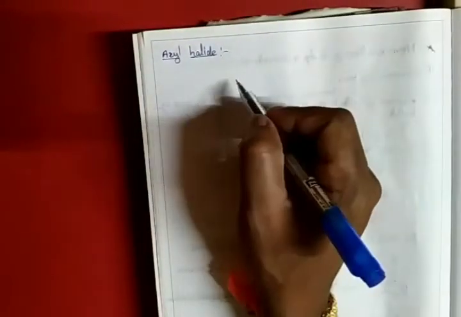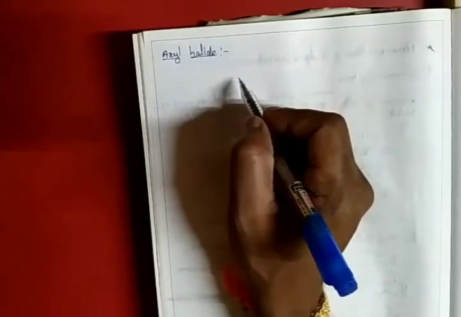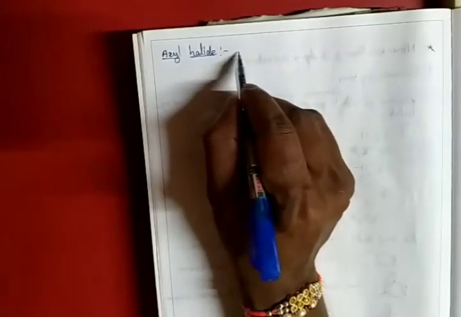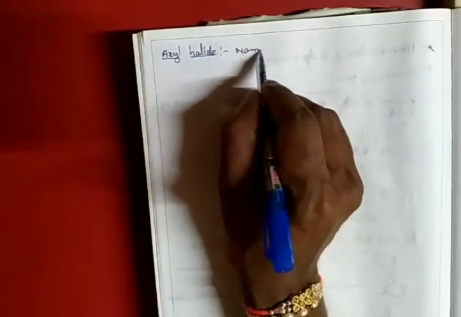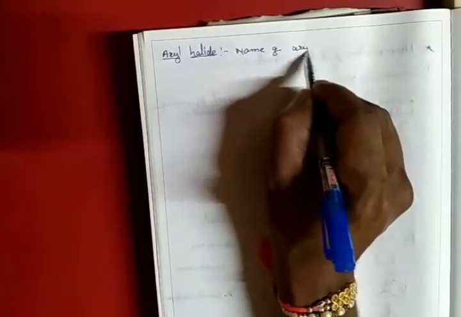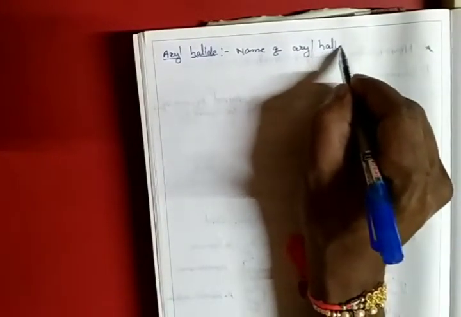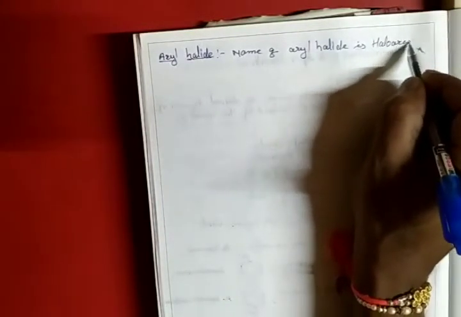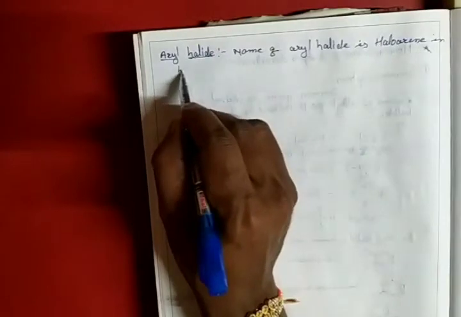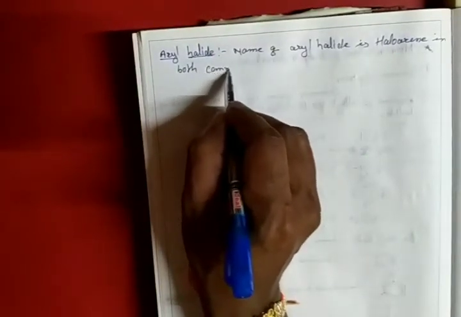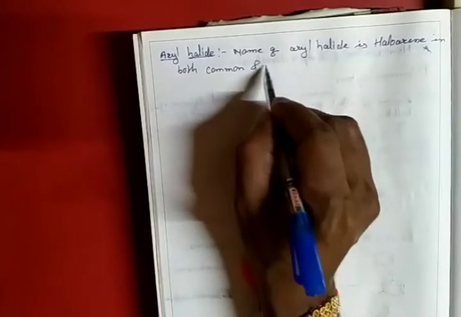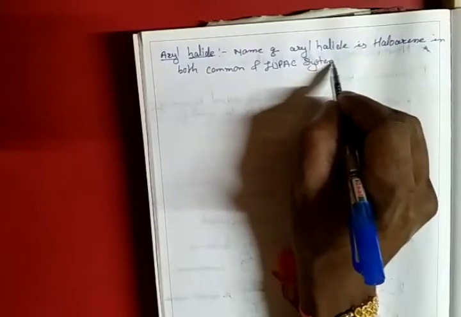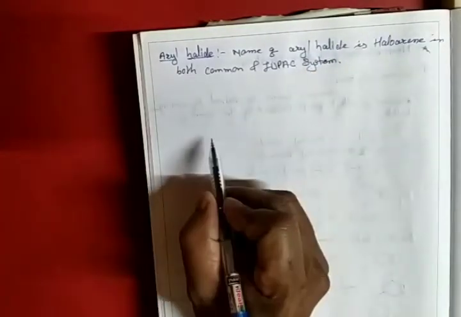Now aryl halides. The name of an aryl halide is halogen-arene in both the common and IUPAC systems.